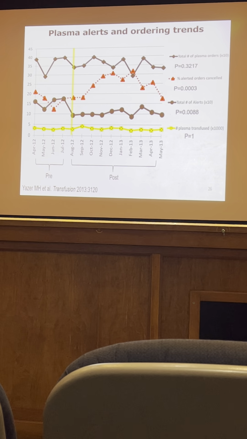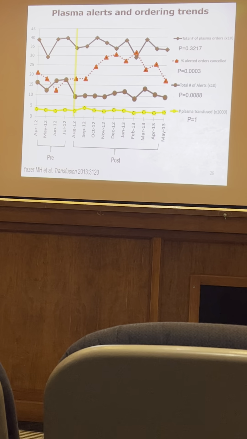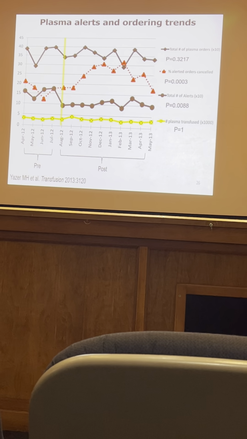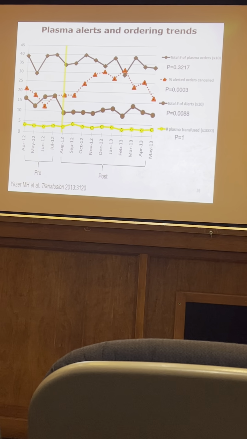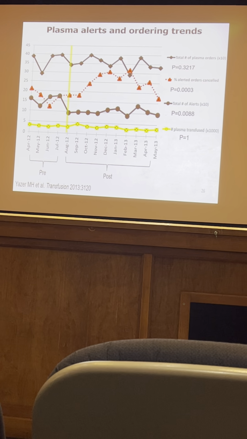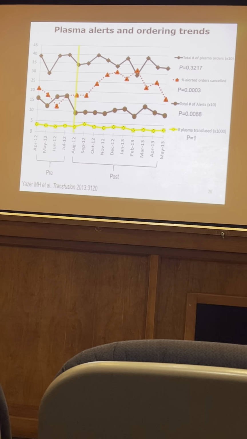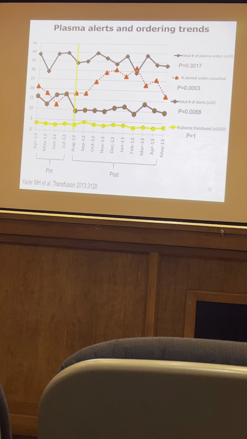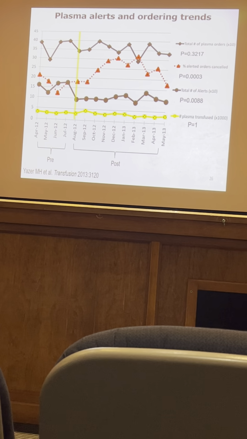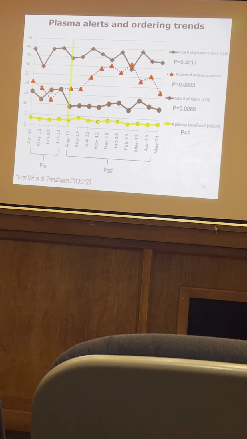Similar analysis with platelet alerts. Platelets are a little bit more variable because physicians have a little less consensus on when to use platelets, and the platelet variability and the number of orders could also reflect increased activity, so it's hard to interpret.